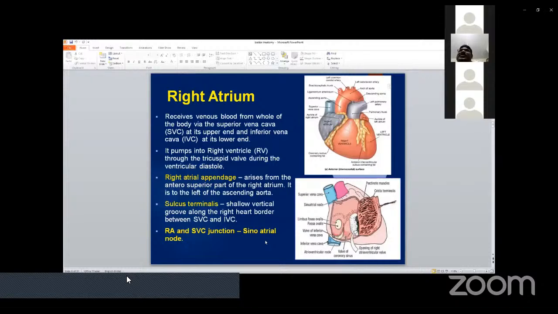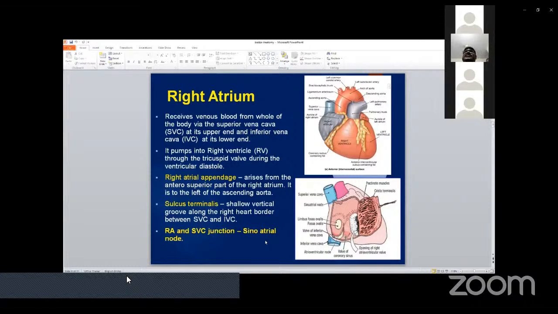Now you are watching the anterior surface of our heart. Anterior means your heart is facing towards you. That is the anterior view. You can see the right ventricle, left ventricle, then right atrium, then left atrium.